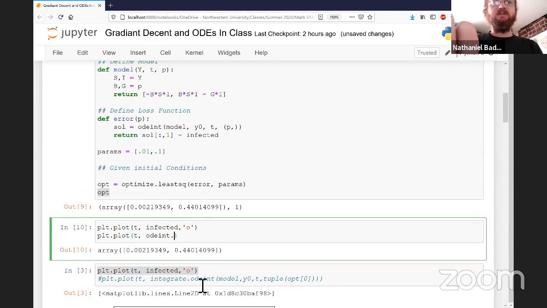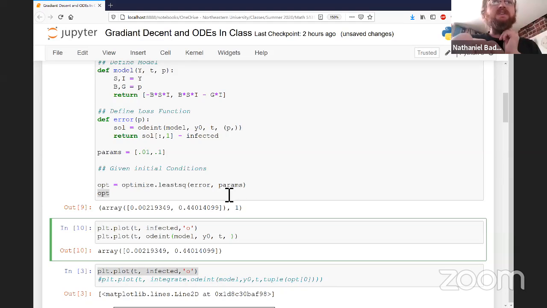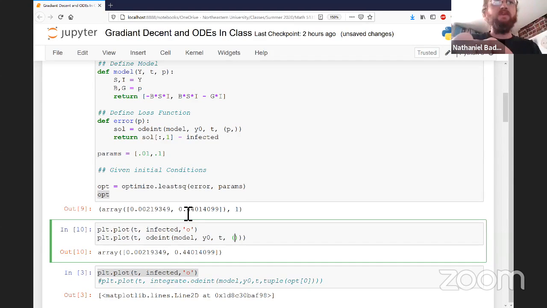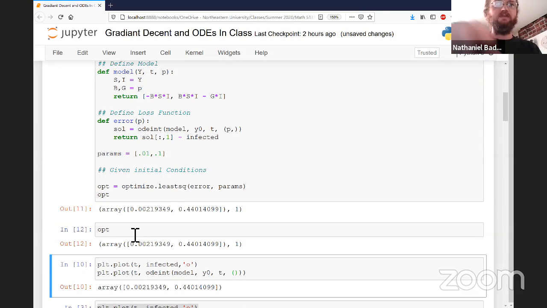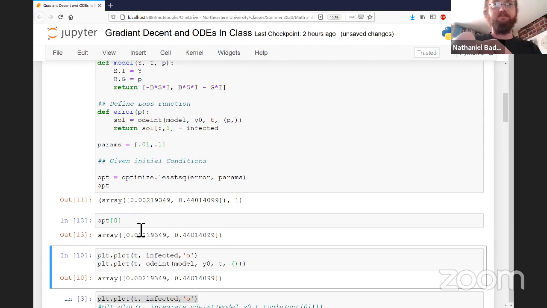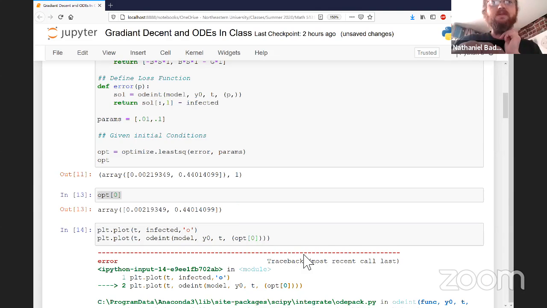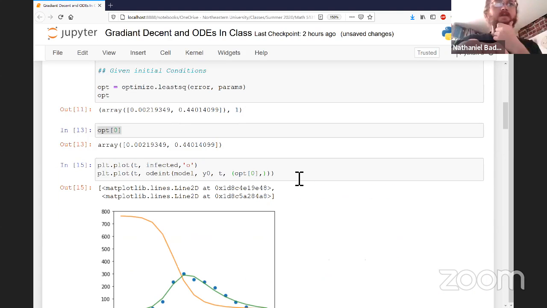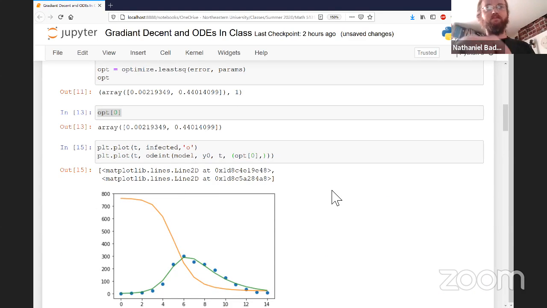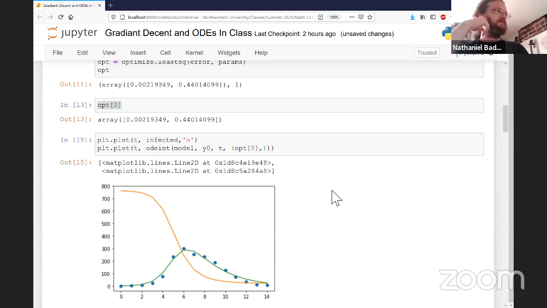So ODE int model, use our initial conditions again, T, and then we just need to feed it our parameters, which, just to remind ourselves how to extract those, opt 0. And there we go. So not bad.